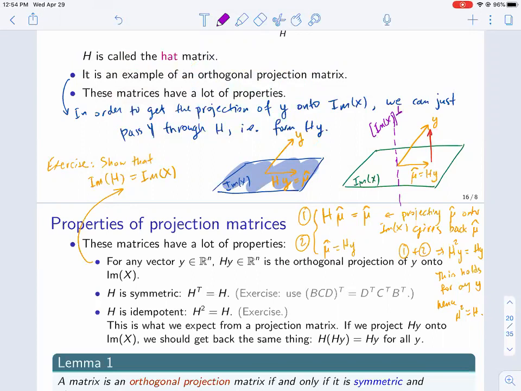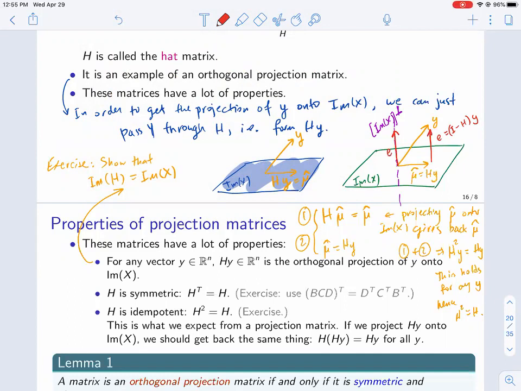So it's a subspace where every vector in it is orthogonal to the image of x. So projecting onto that direction gives you exactly this e, which is going to be (I minus h)y. So you can think of this as just going here. So that would be e.